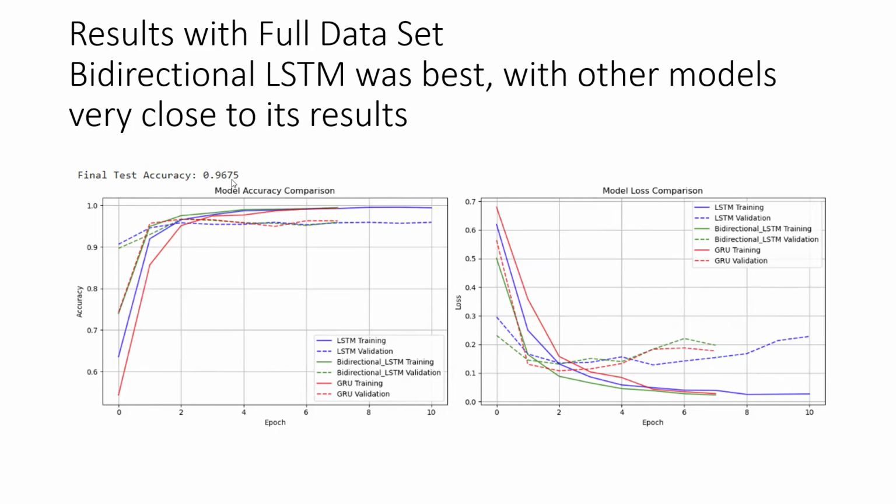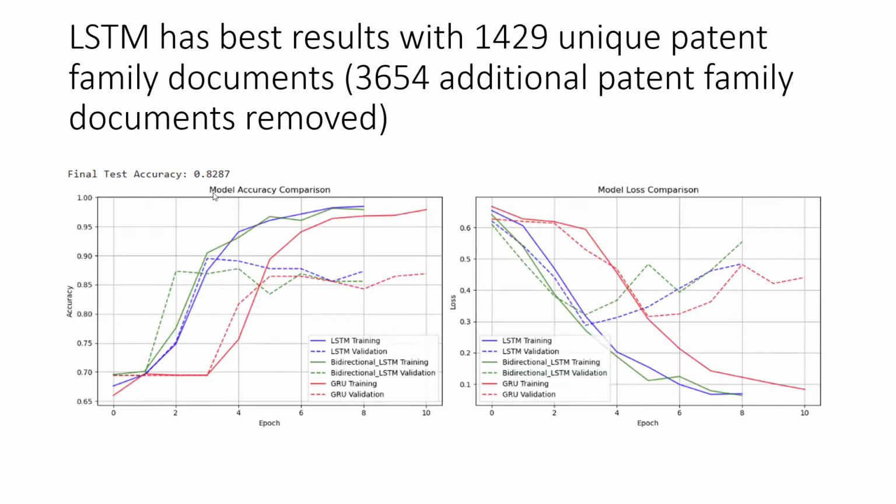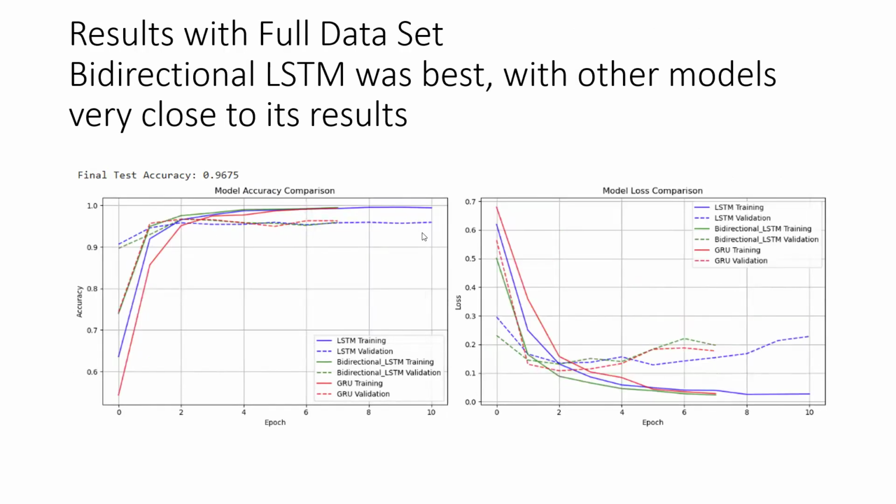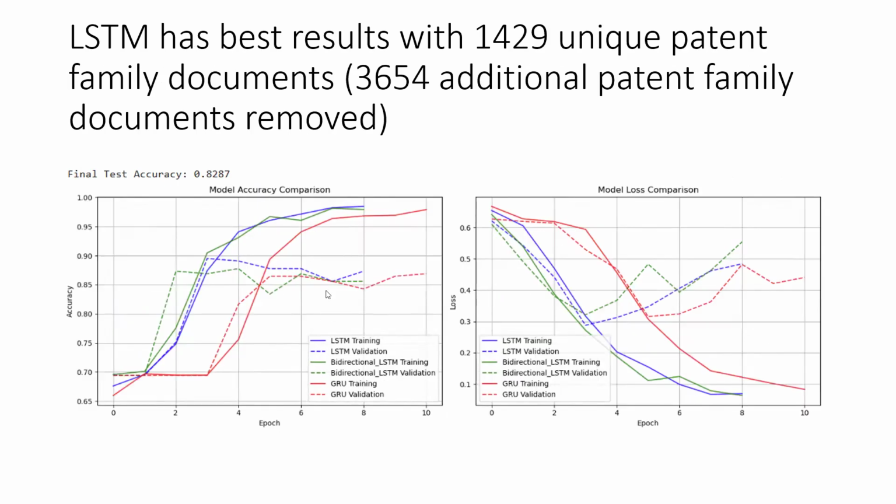And again, they didn't hit quite the heights of the previous model, 83% instead of 97%. We're rounding up. And if we look at the validation numbers, they were also, again, a bit behind the model accuracy comparisons. Whereas if we look up here, the validation numbers were really close to the model accuracy comparisons. So significant difference by removing the additional patent family documents.